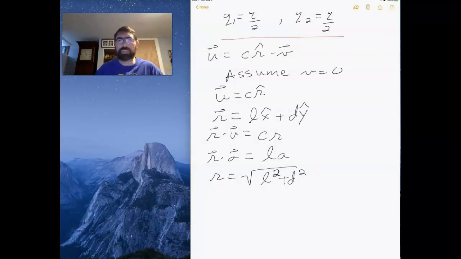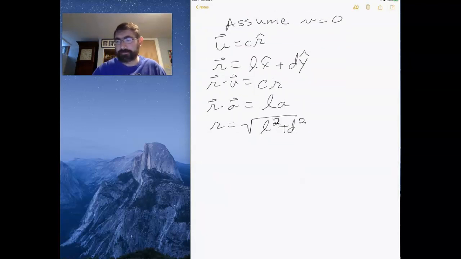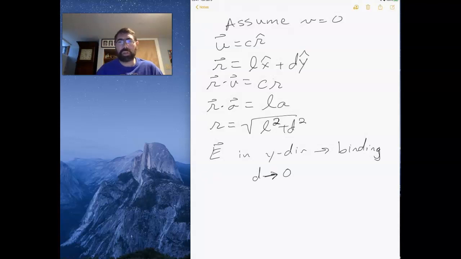Now we're only really concerned with the electric field in the x direction. So the electric field in the y direction is responsible for binding the two charges together. And eventually we're going to take that distance d down to 0. And so in the end, the electric field in the y direction doesn't contribute to the radiation.